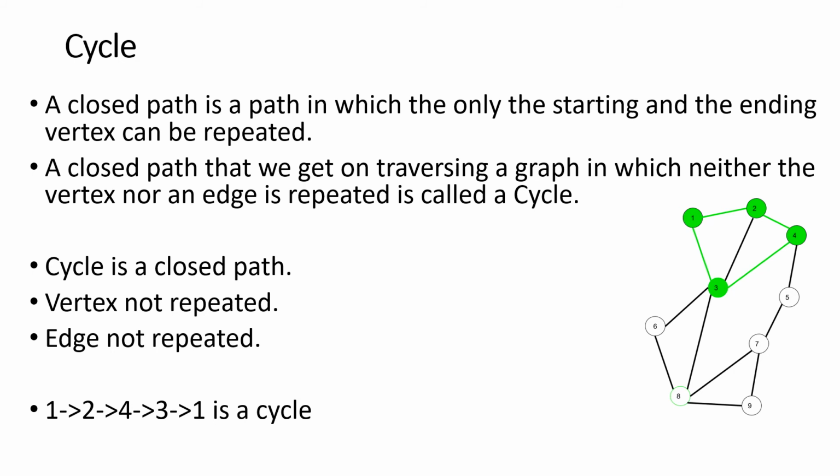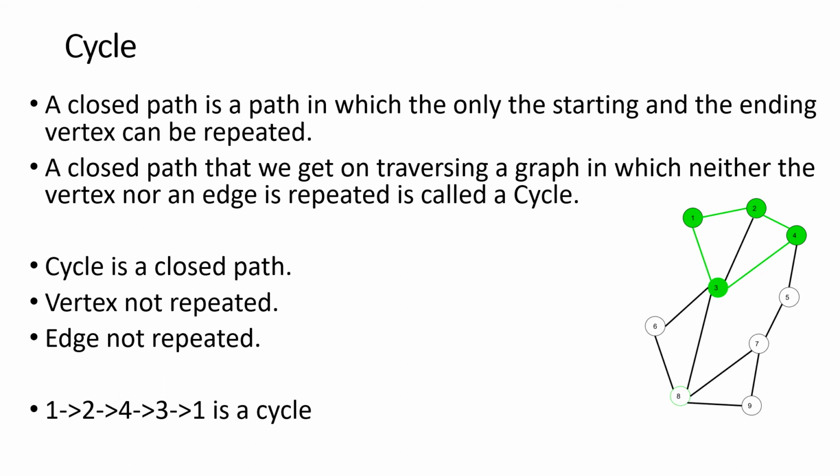Now, what is a cycle? A closed path that we get on traversing a graph in which neither the vertices nor the edges are repeated is called a cycle. That means a cycle is a closed path in which only the starting and ending vertex will be the same and none of the other vertices will be repeated and none of the edges also will be repeated.